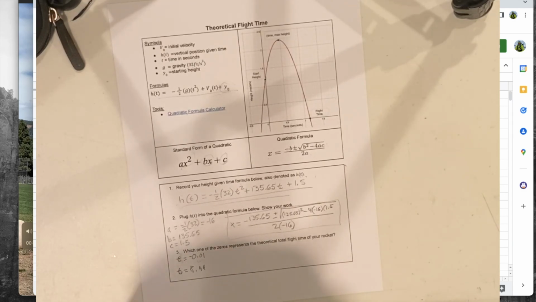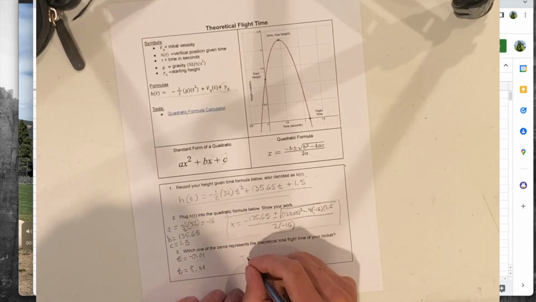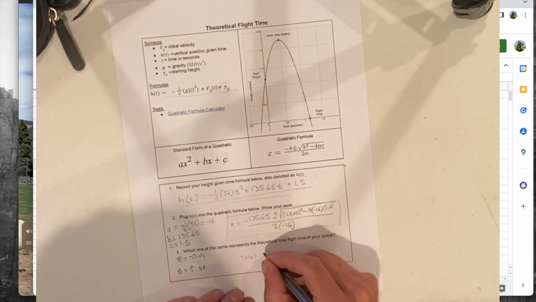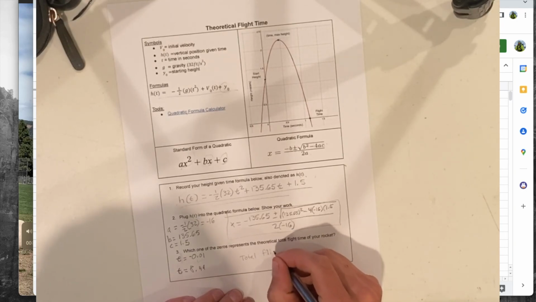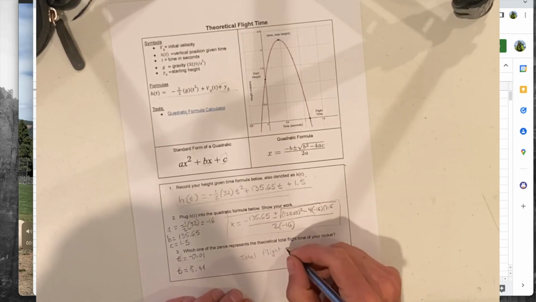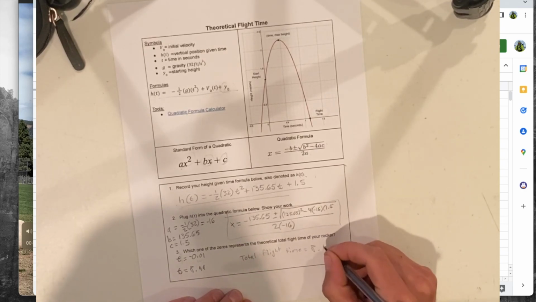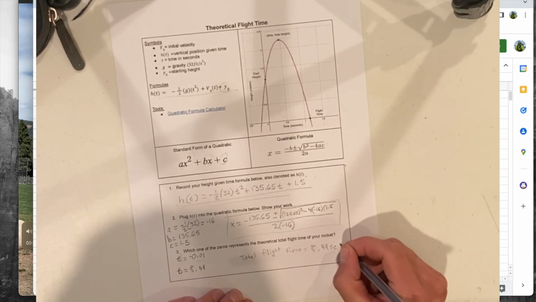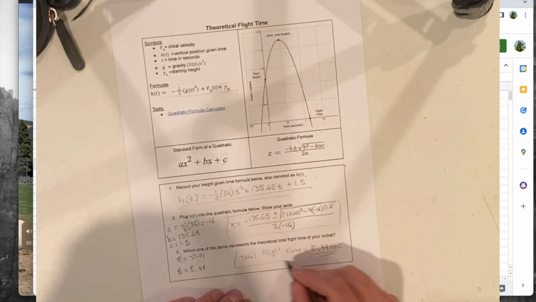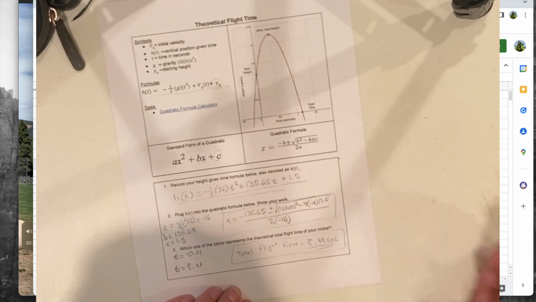So our total flight time is actually equal to 8.49 seconds. And I want to emphasize that this is the theoretical total flight time.